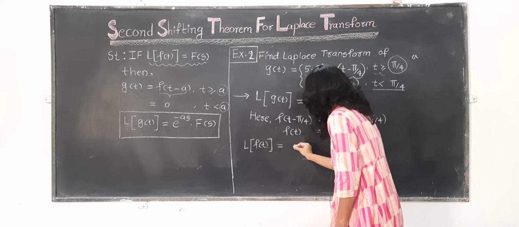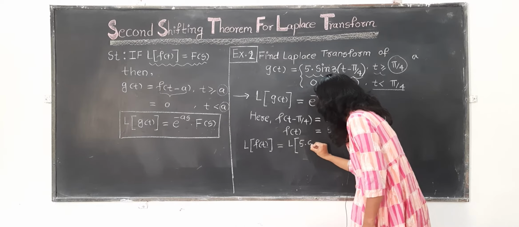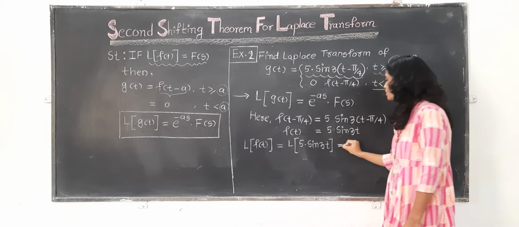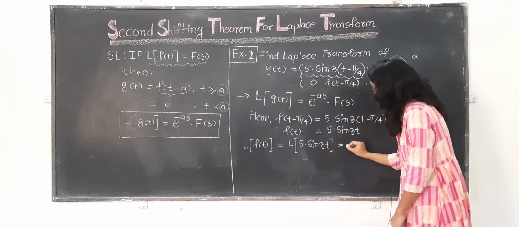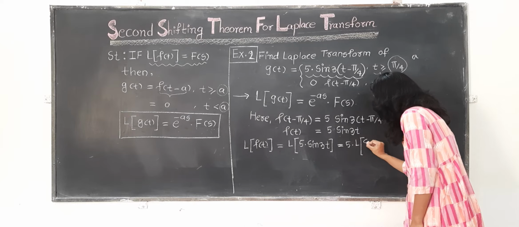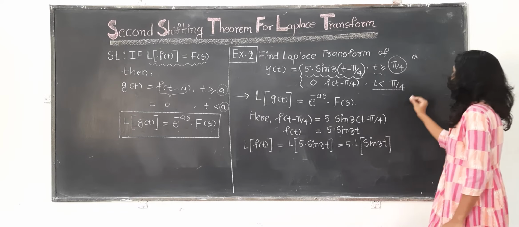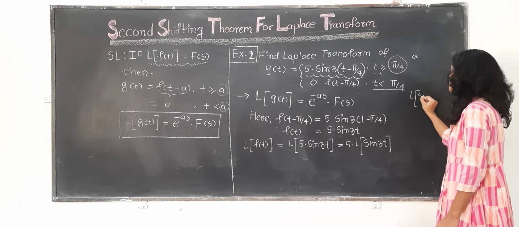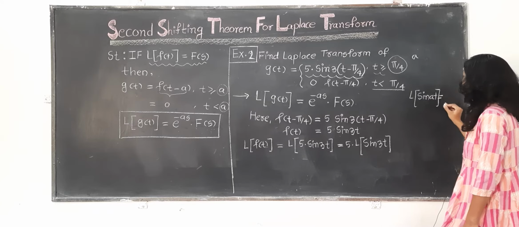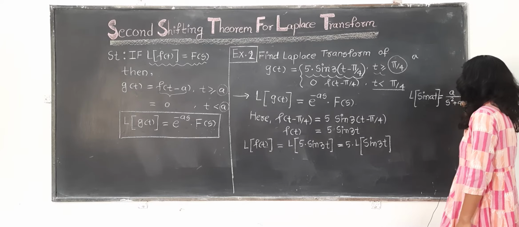So Laplace of this function, that is Laplace of 5 sine 3t. Here 5 is a constant, so take it outside. Then Laplace of sine 3t. We know the standard formula of Laplace of sine at, which is a upon s square plus a square.